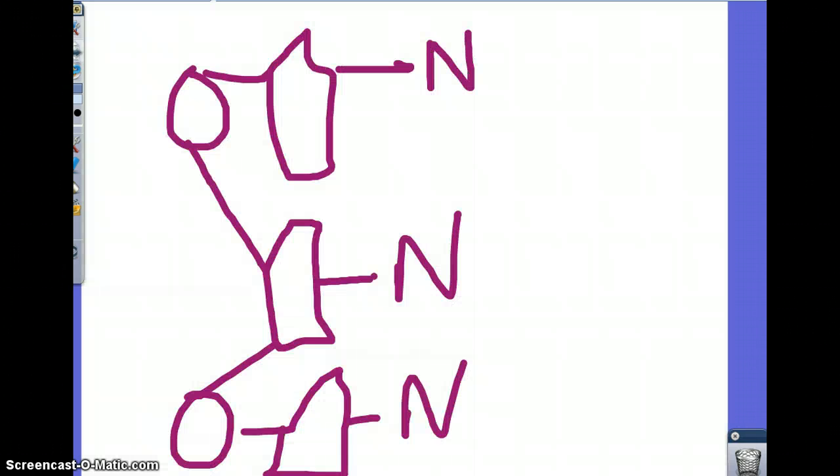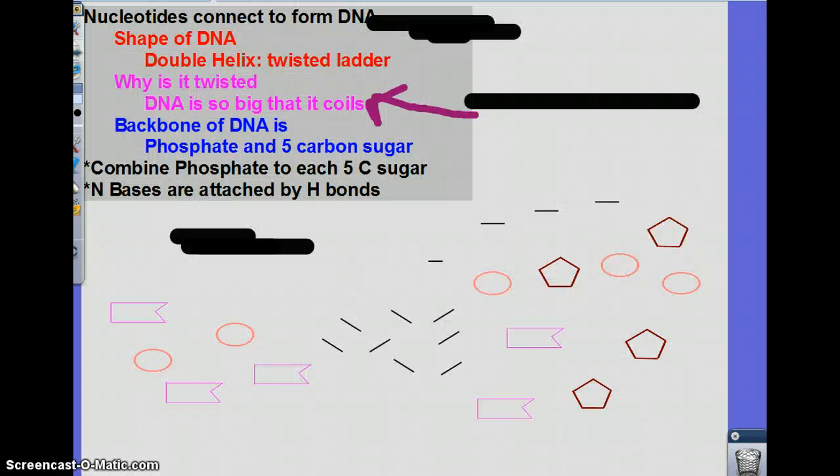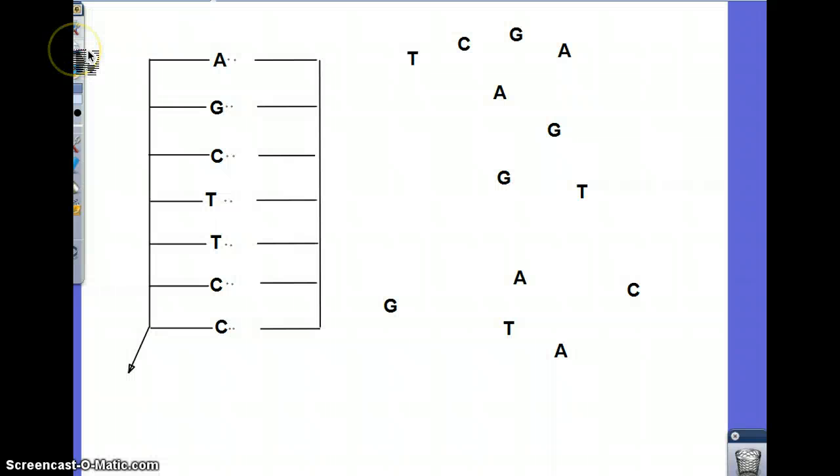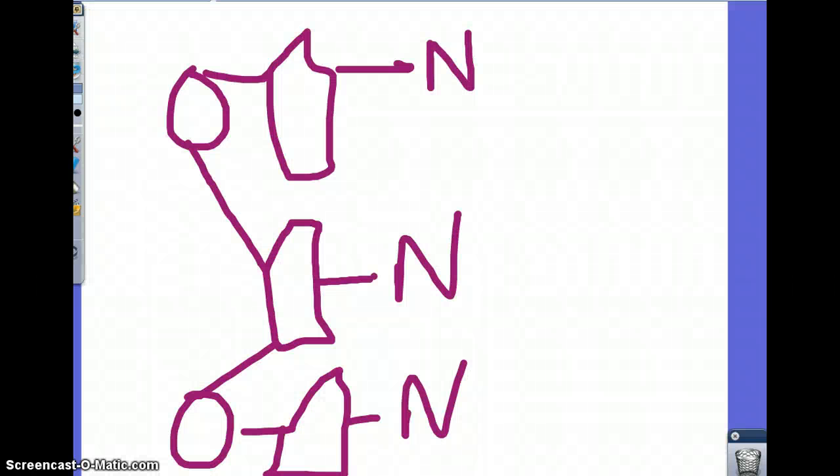Now, my nitrogen bases are attached together by hydrogen bonds. That means one N base is going to attach to another N base with hydrogen bonds. So I'll go back to my picture. If I do this, what's that?